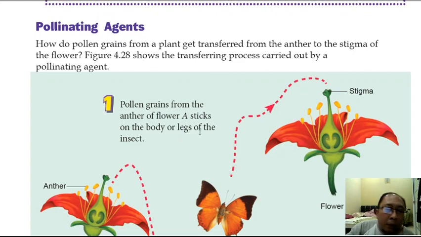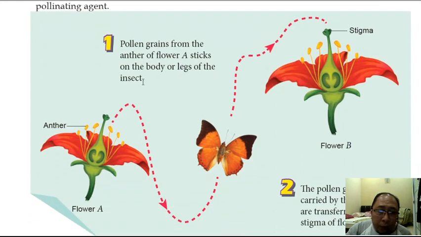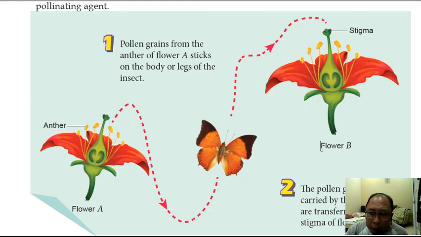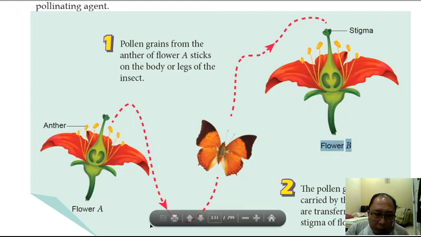We have several pollinating agents that help the process of pollination. If we look at the diagram given here, okay, this is flower A and this is flower B. So we try to explain the process of pollination that is assisted by a pollinating agent.